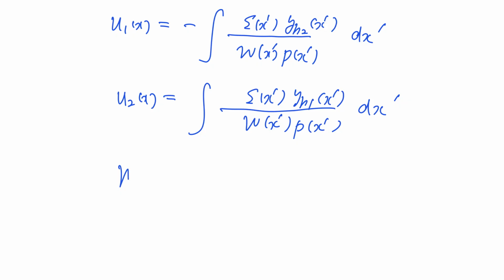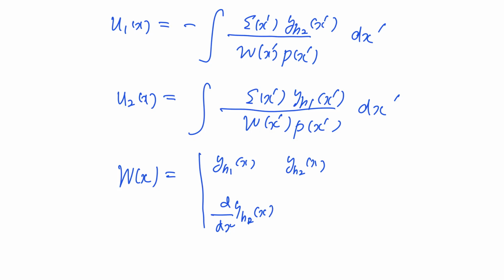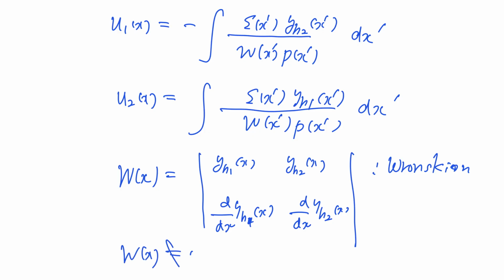And W is called the Wronskian: yh1(x) dyh2/dx minus yh2(x) dyh1/dx is called the Wronskian. Its name. And W(x) is not equal to 0.